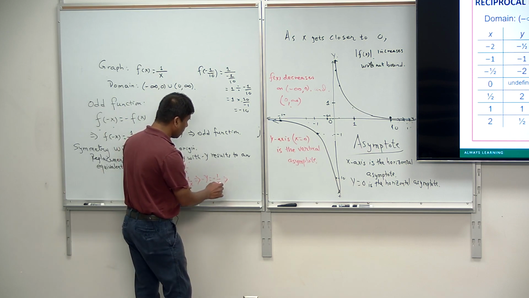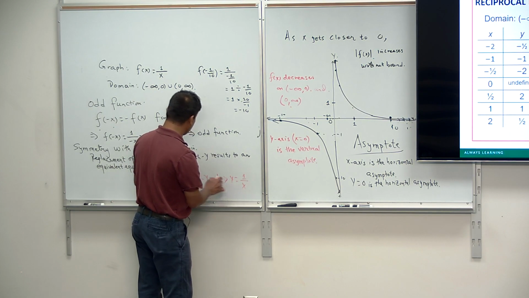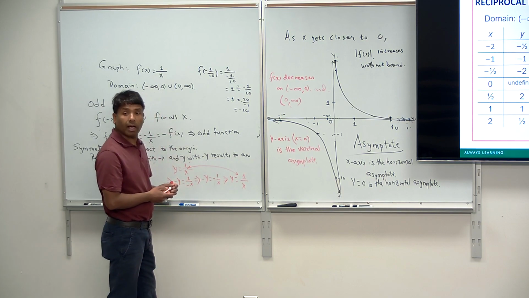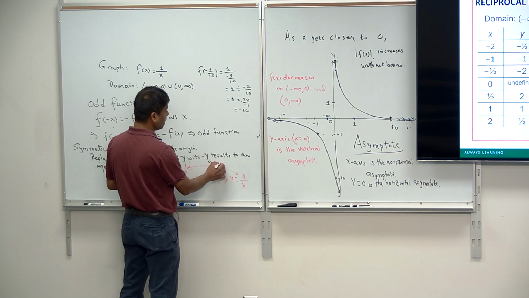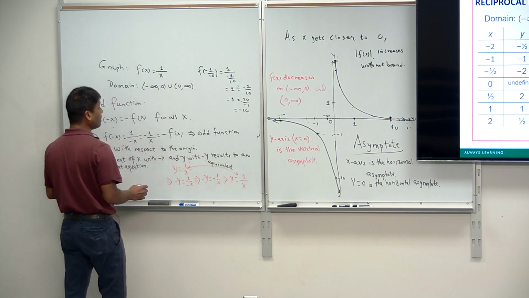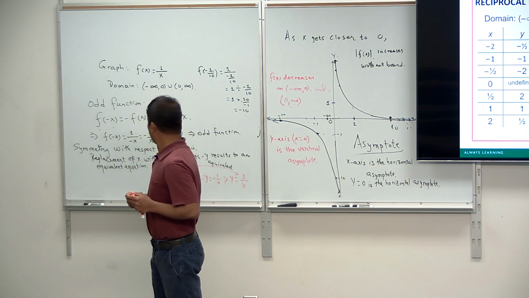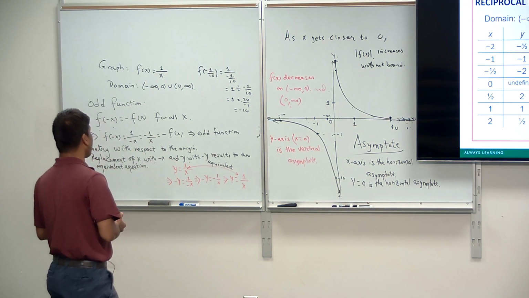So that will give you y equal to 1 over x. And you see these two equations are equivalent. They are equivalent, right? So that means this function is symmetric with respect to the origin. Makes sense?